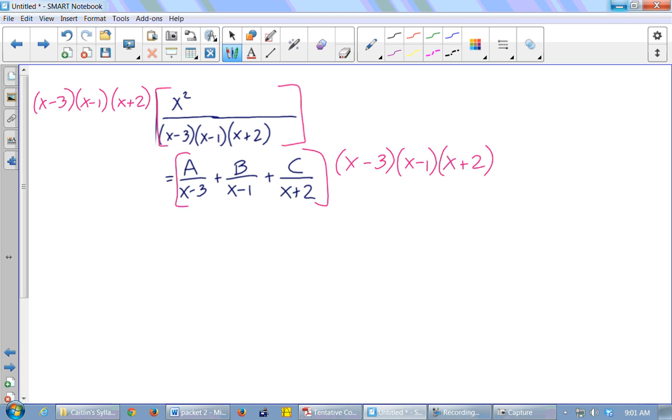So the left side, the whole denominator cancels with what I'm multiplying by, and all I'm left with is an x squared. And then on the right, I have to distribute this common denominator to all 3 fractions.